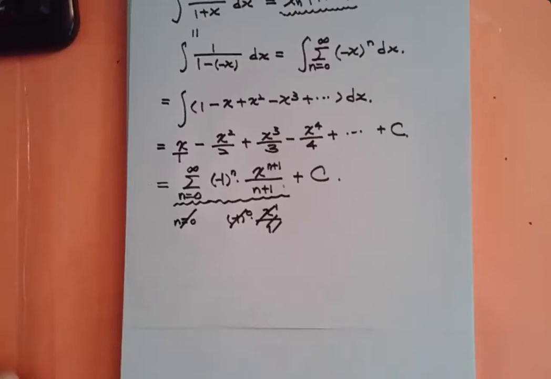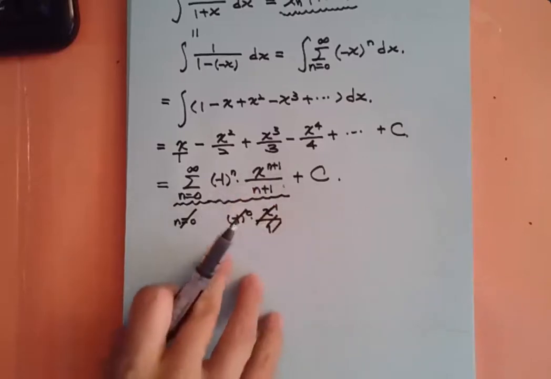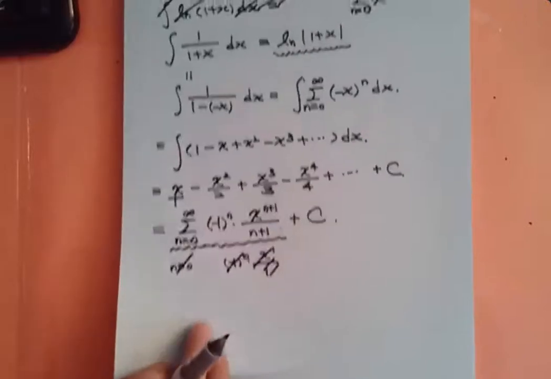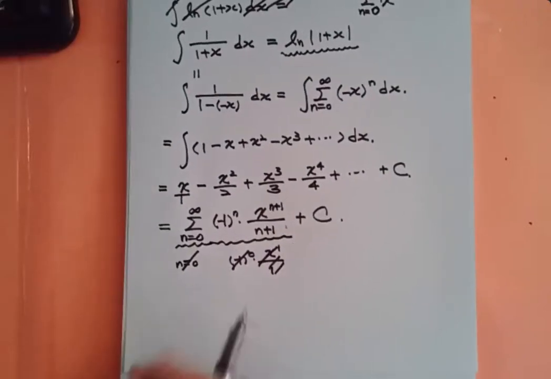And then there is some imperfection here, because this part is the power series, but c is added, right? So we have to figure out c.